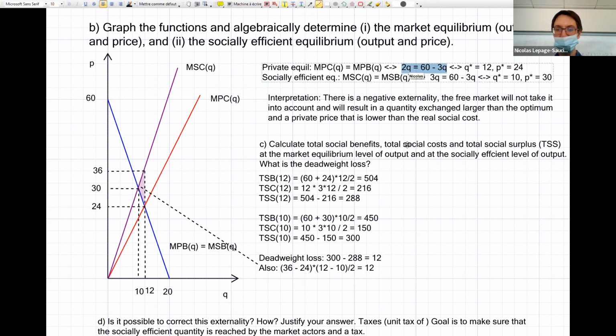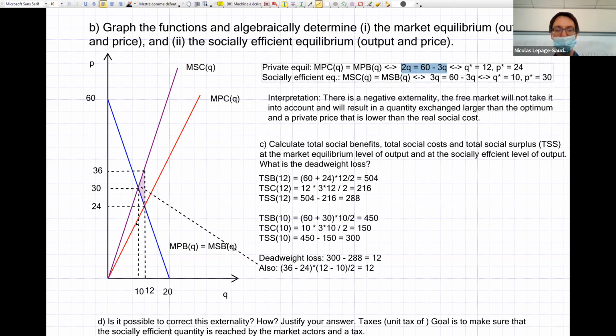So what I want is this. So this is the private equilibrium, 2Q equals 60 minus 3Q.